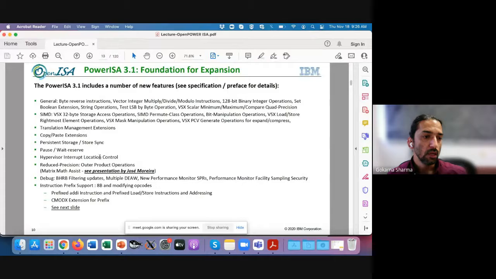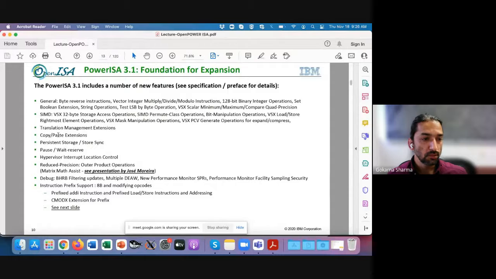For example, the persistent storage sync feature, because think about it, there is development on persistent storage as non-volatile memory, and the architecture itself has to support that, so they have added the persistent storage sync feature. For example, metrics math assist. We are going to see this in a bit. We'll talk about what it means.